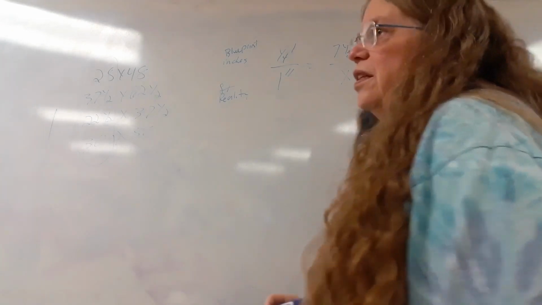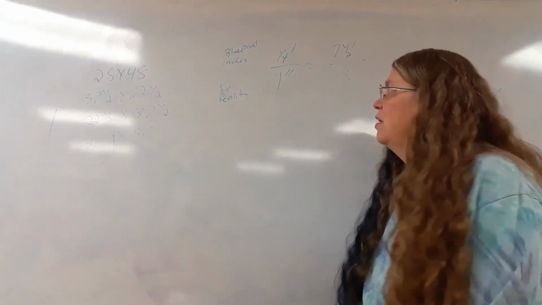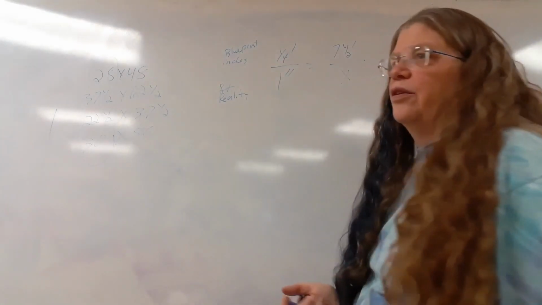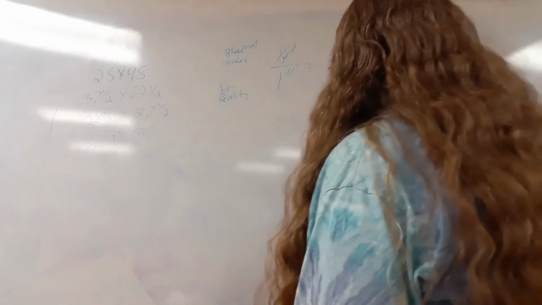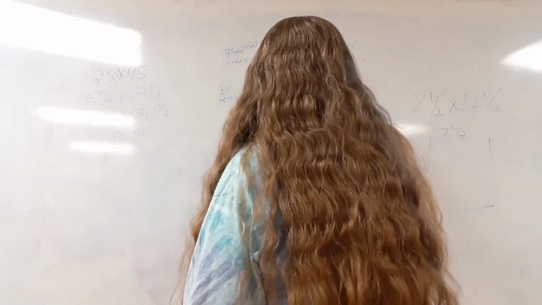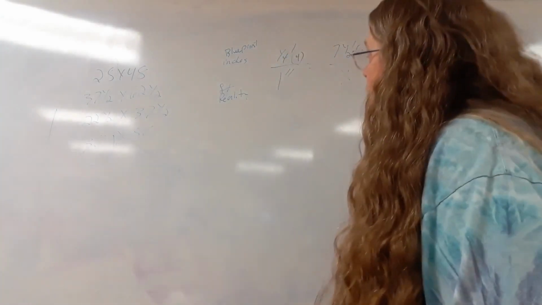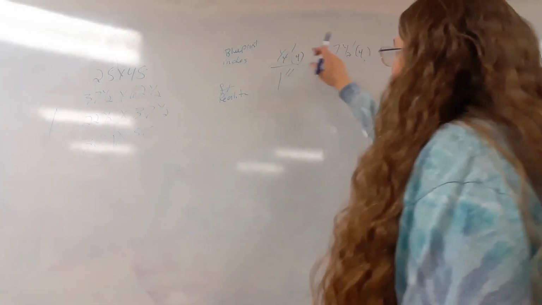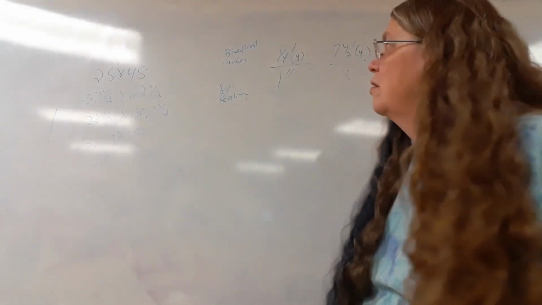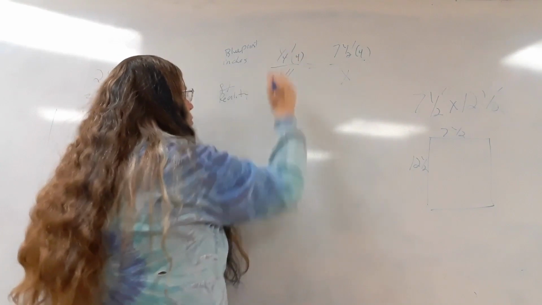Okay, so first things first, let's get rid of those fractions, huh? We hate those fractions. So we're going to multiply by 4, because by multiplying by 4, we can get rid of both sets of fractions. So we have 4 times 1/4 is 1.